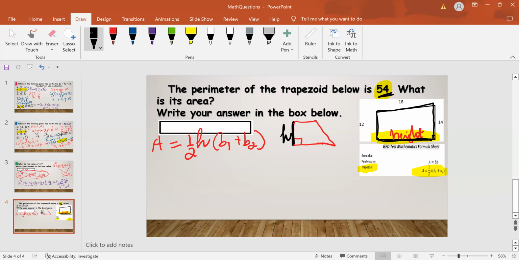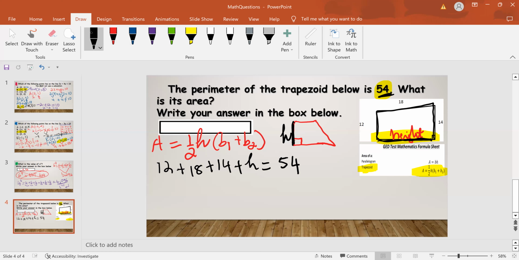So this is telling you that if you take 12 plus 18 plus 14 plus the missing side, which is the height, that will give you 54. I use H to represent the height. Someone could use X or Y or any variable. That is math. So we need to solve for that height in the equation.